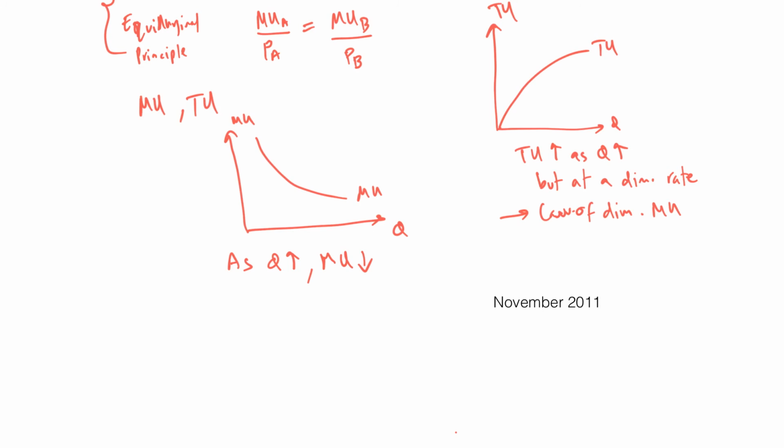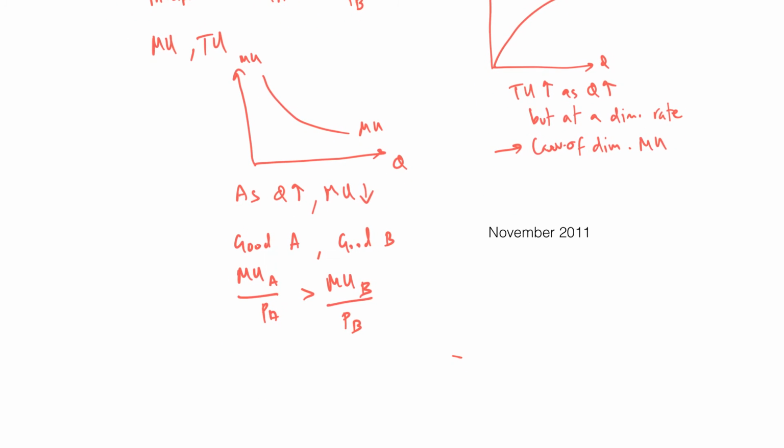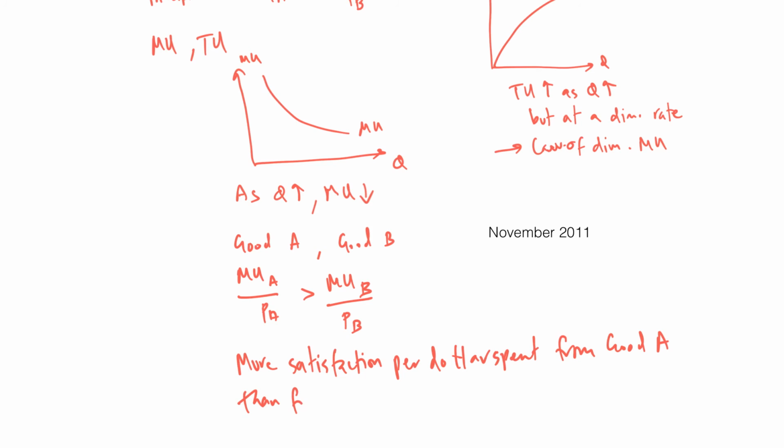Because, for example, if there are two goods, good A and good B, and MU of good A over price of good A is greater than MU of good B over price of good B, then a consumer is getting more satisfaction per dollar spent from good A than from good B. Isn't that true?